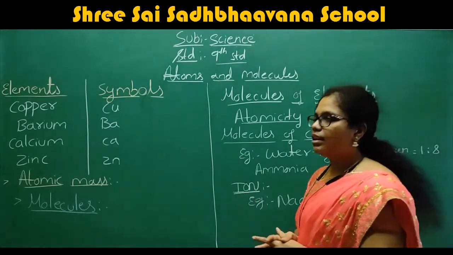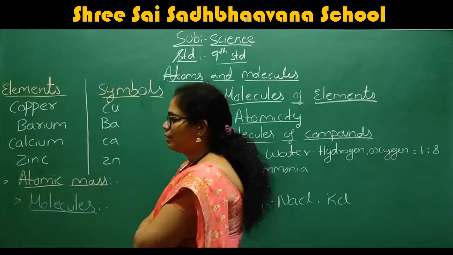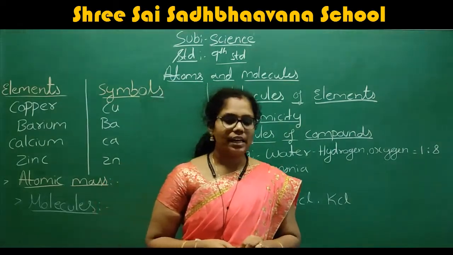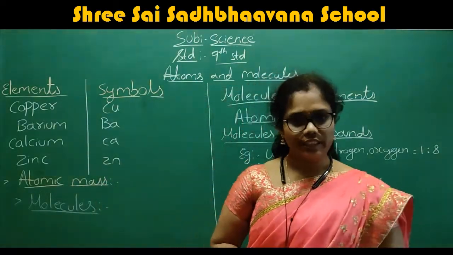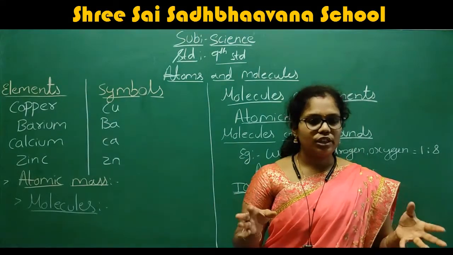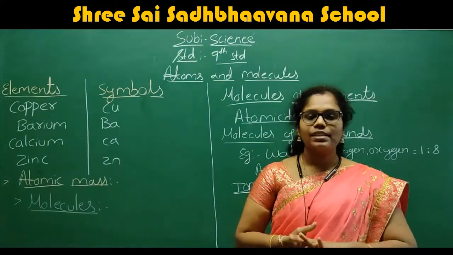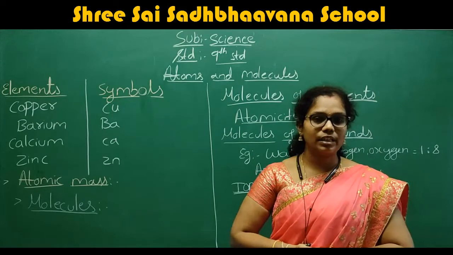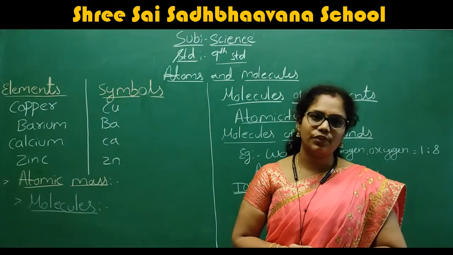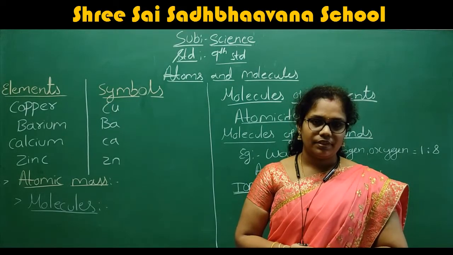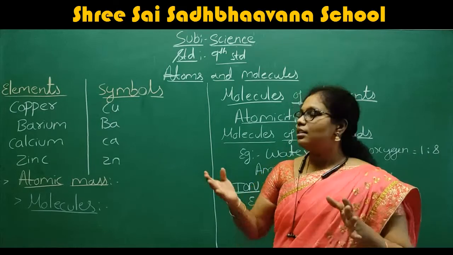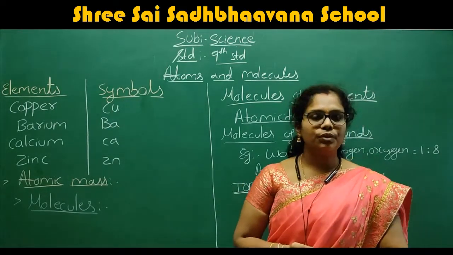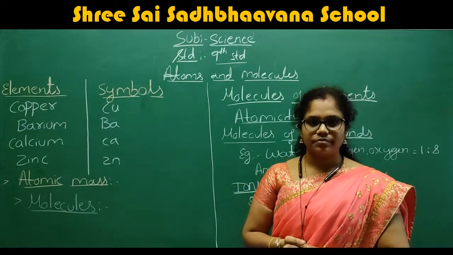Next example: the atomic number of nitrogen is 7 and its atomic mass is 14. And also chlorine, 17, but its atomic mass is 35.5. This is how we find out the atomic mass.